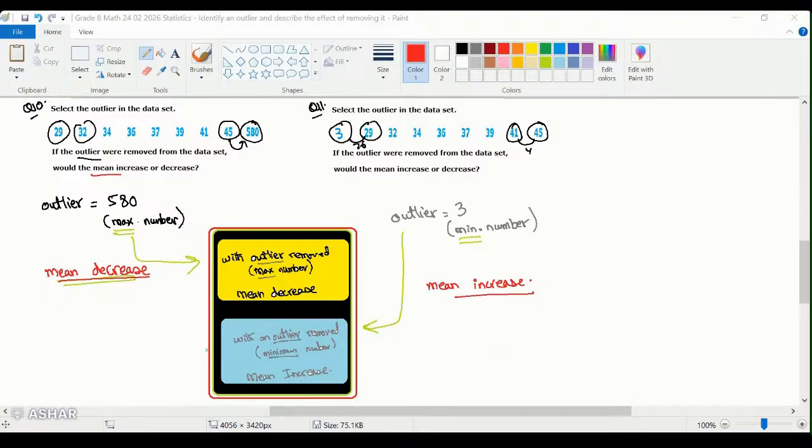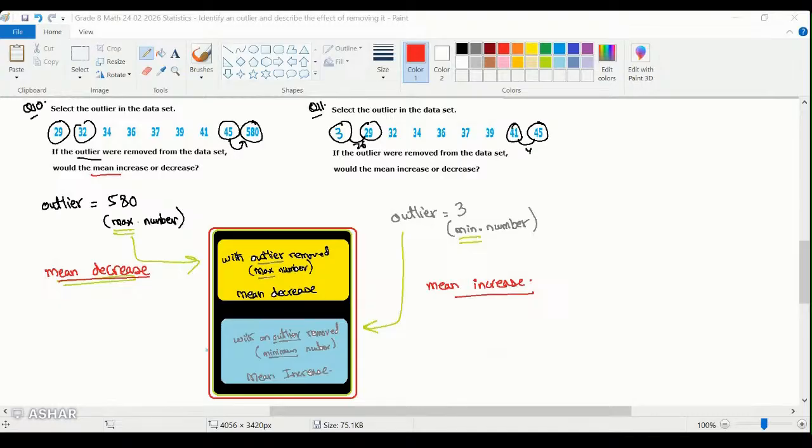We have grade 8, chapter 25, statistics, lesson number 7. The first question from the test is, just a moment, please. It's loading. I cannot do anything about it.